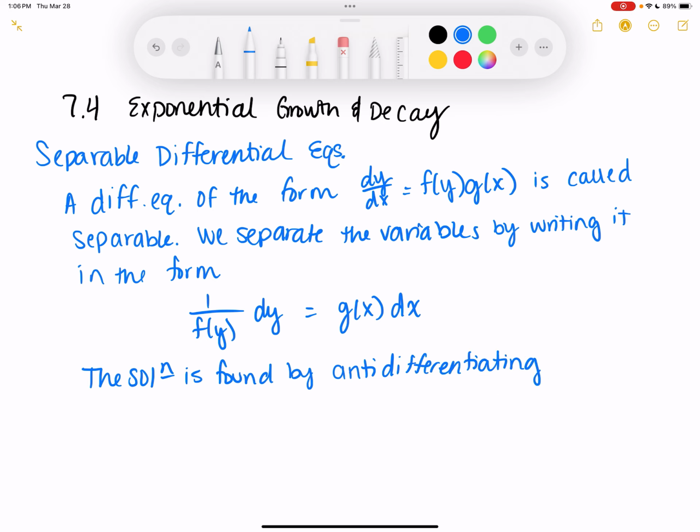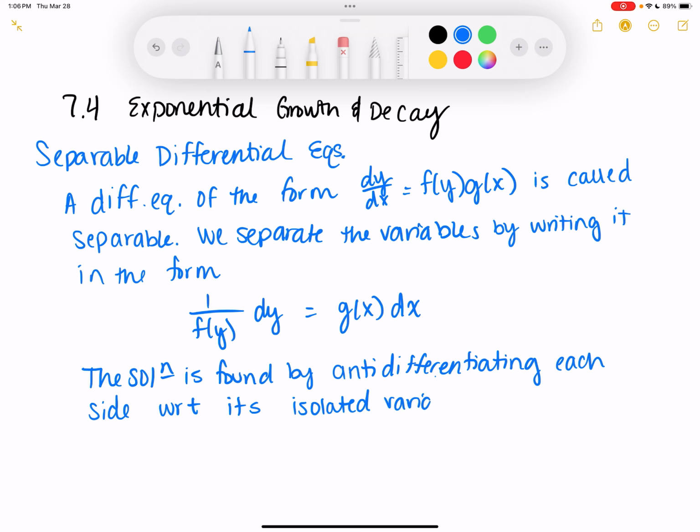This is a really long word. 19 letters, if I counted correctly. So we anti-differentiate each side with respect to its isolated variable.